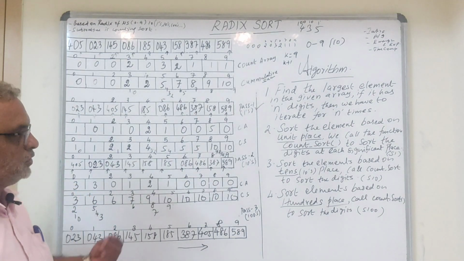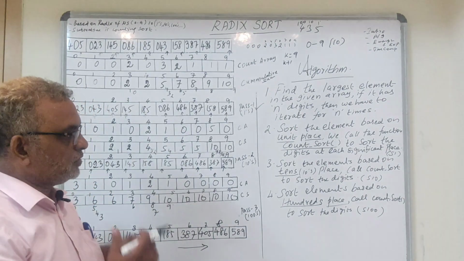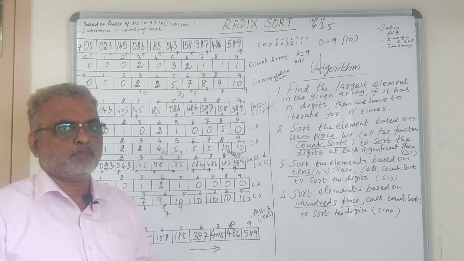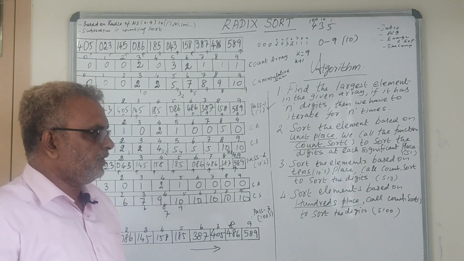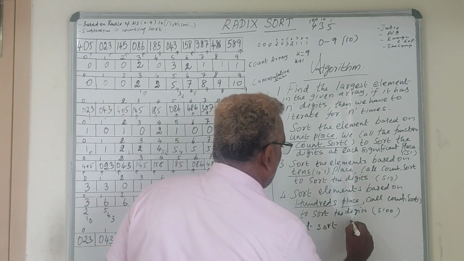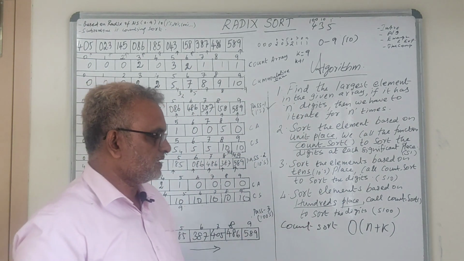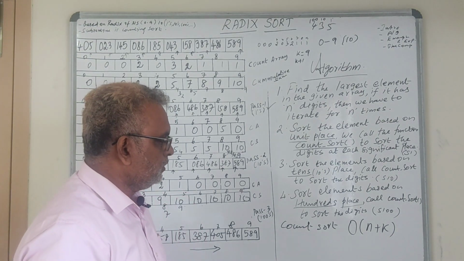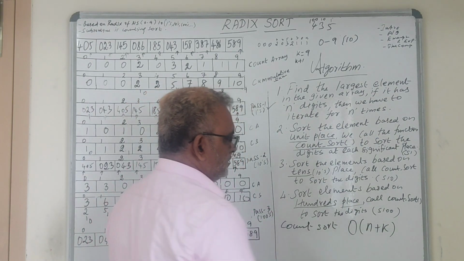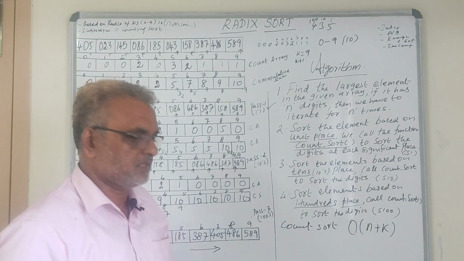So this is how we can perform Radix sort. Radix sort can be performed with the help of count sort. As far as time complexity is concerned, in the case of count sort, it is order of n plus k, which we already discussed while discussing count sort. Here we have performed count sort d number of times, depending upon the number of digits of the given element.